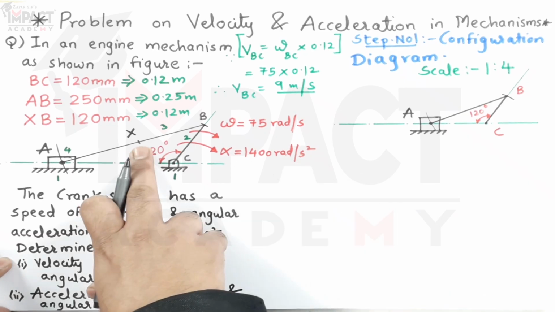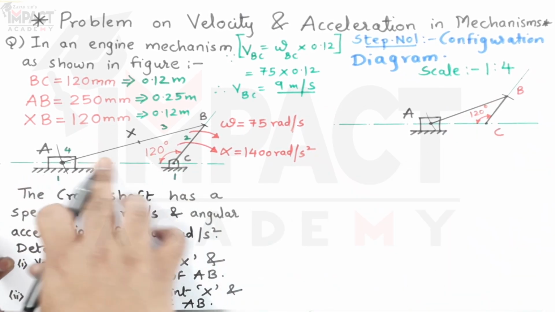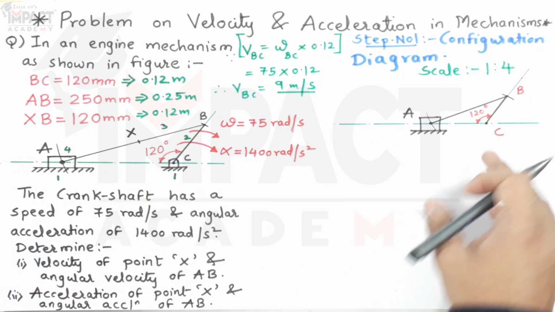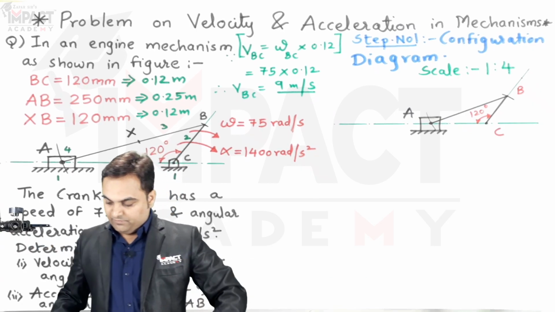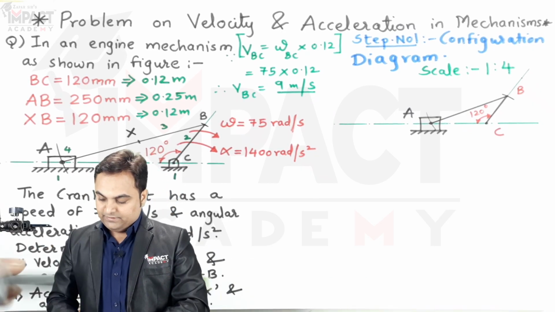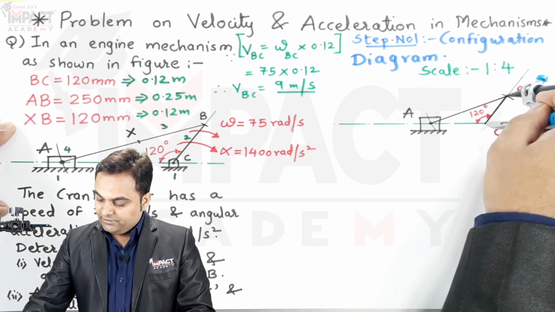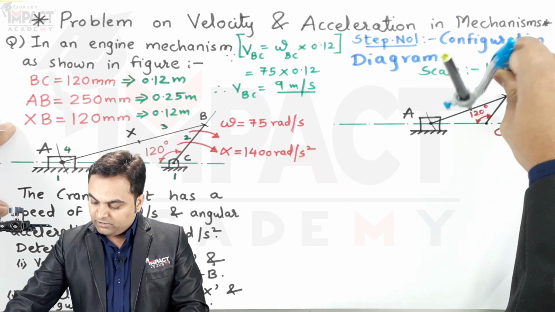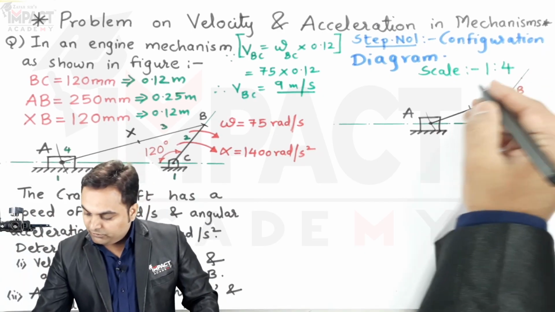Then I need to locate point X. It is at a distance of 120 mm from point B. So dividing this distance by 4 would give me 30 mm. So from point B, I am going to take 30 mm in the compass. And I can say that since this BC distance is already 30, so I'll take the same distance from point B and mark over this connecting rod. Now this gives me point X.